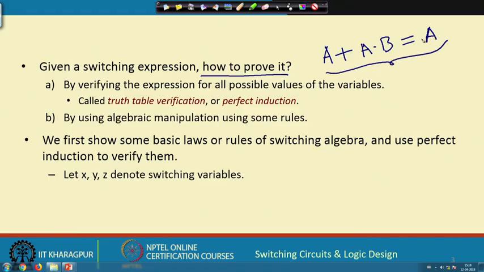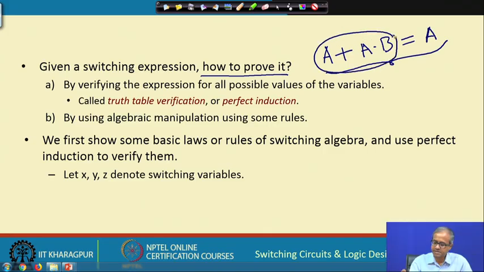How do you say whether this is true or false, whether this is correct or wrong? This is a switching expression, this is a switching expression, and this is an equality. So, how do you prove this?